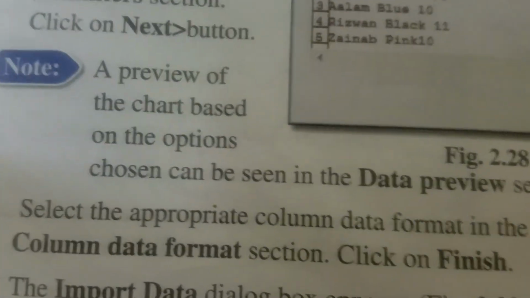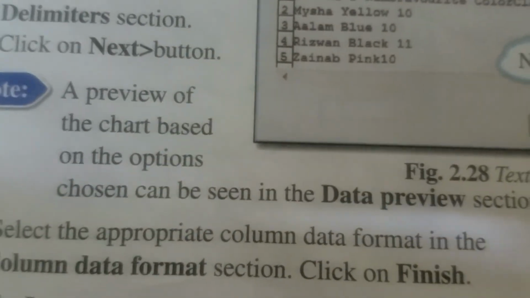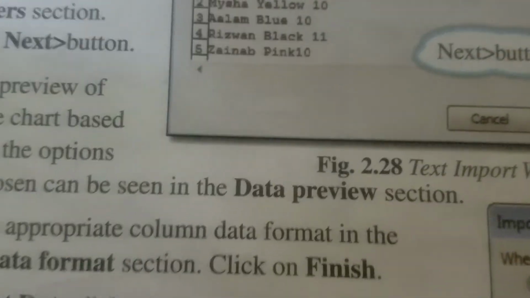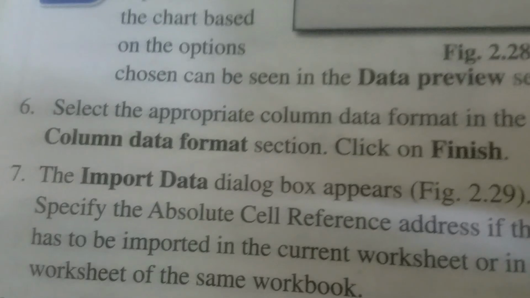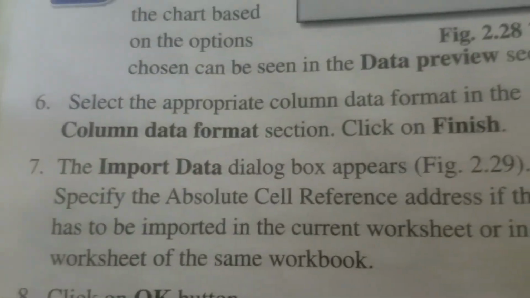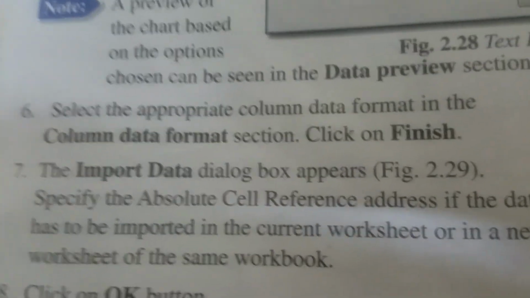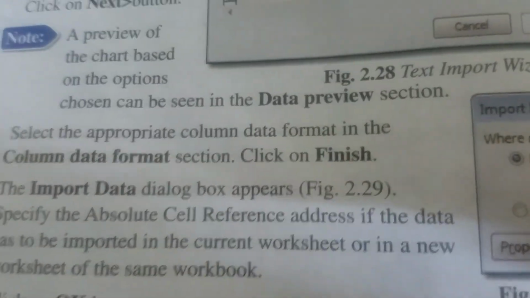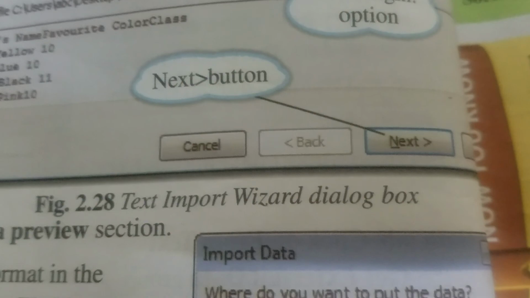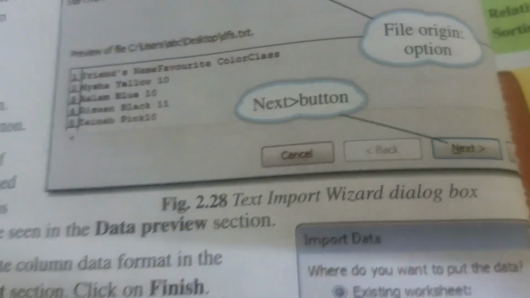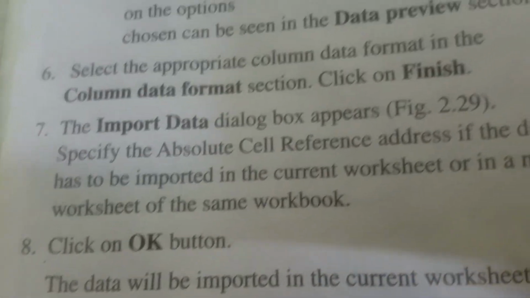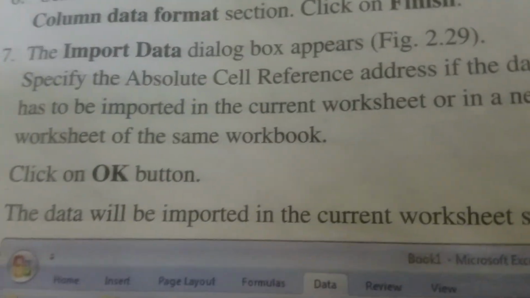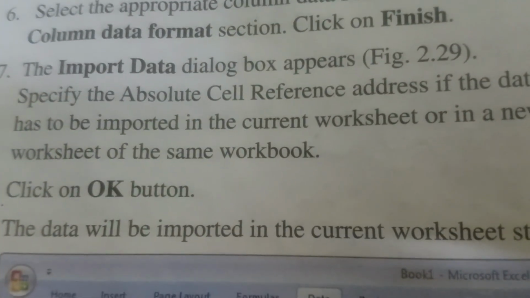A preview of the data based on the options chosen can be seen in the Data Preview section. Select the appropriate column data format in the Column Data Format section. Click on Finish. The Import Data dialog box appears.